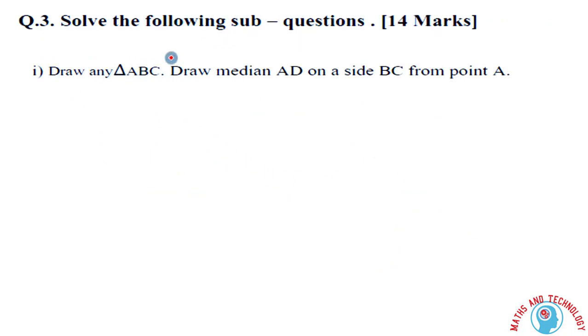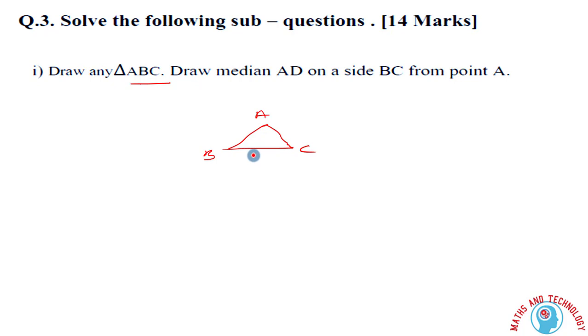Question third, solve the following sub questions, 14 marks. Draw any triangle ABC, draw median AD on side BC from point A. Draw any triangle ABC and then a rough figure. Now draw median AD.